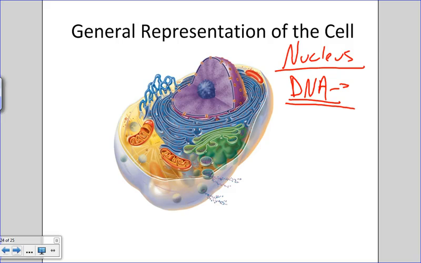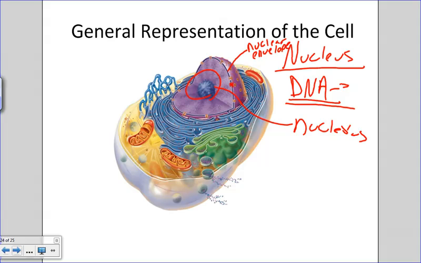Now you'll notice when you take a look at the nucleus that it has its own little parts. This dark inner portion is the nucleolus. Then you can see that it has an inner and an outer membrane, and this outer membrane is what we call the nuclear envelope.